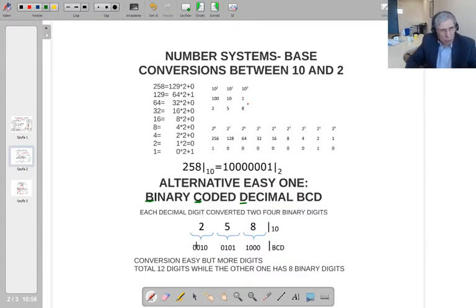Because in order to transfer our decimal symbols to binary, we need the opposite coding. So how are we going to do it? Consider 558. This is a decimal number. How are we going to write this decimal in binary?